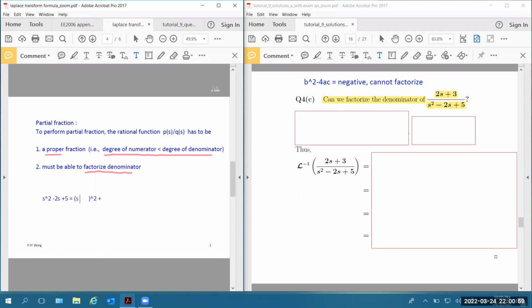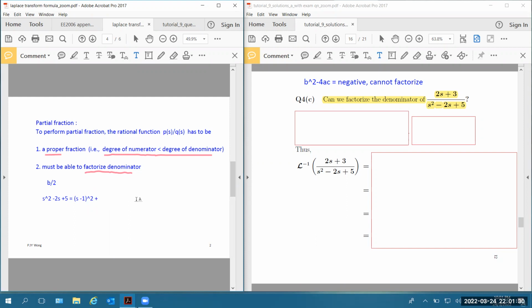The constant is actually b over 2. Currently our b is -2, the coefficient of s. If you divide by 2, it is -1. So you know it's (s minus 1) squared, and plus what?